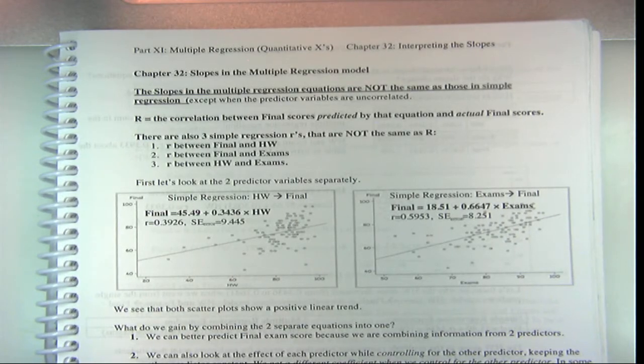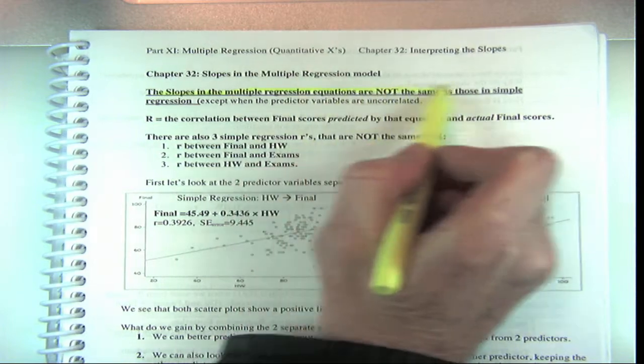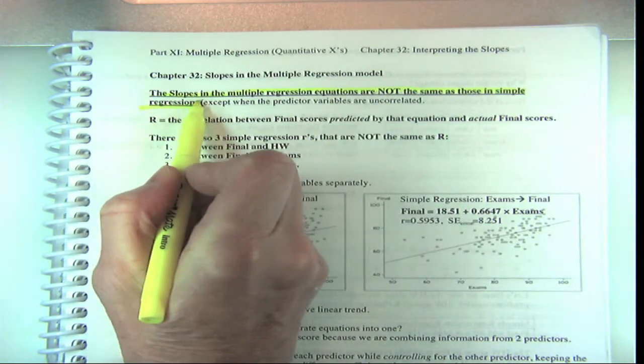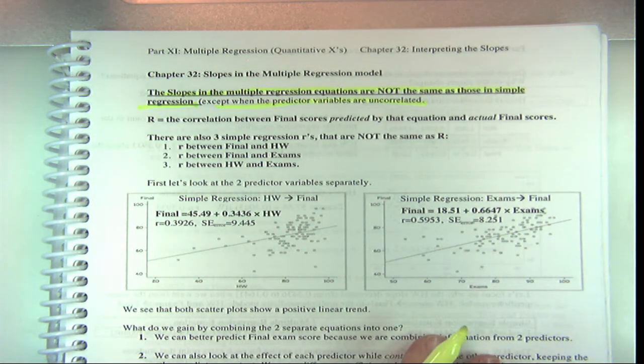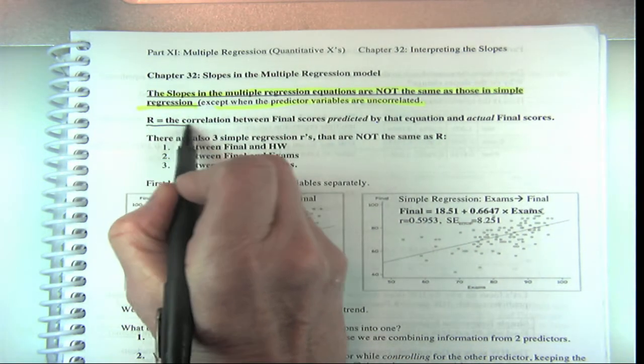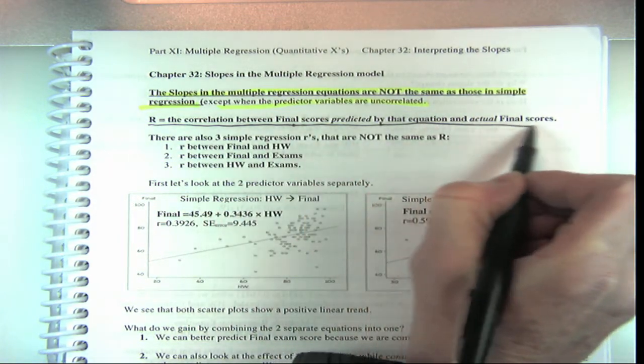One thing you'll notice, very important, is that the slopes are not the same as those in the simple regression, except when the predictor variables are uncorrelated. Let's look at this. As we said before, the capital R, right here, we just defined it, is the correlation between the final scores, the predicted ones, and the actual.